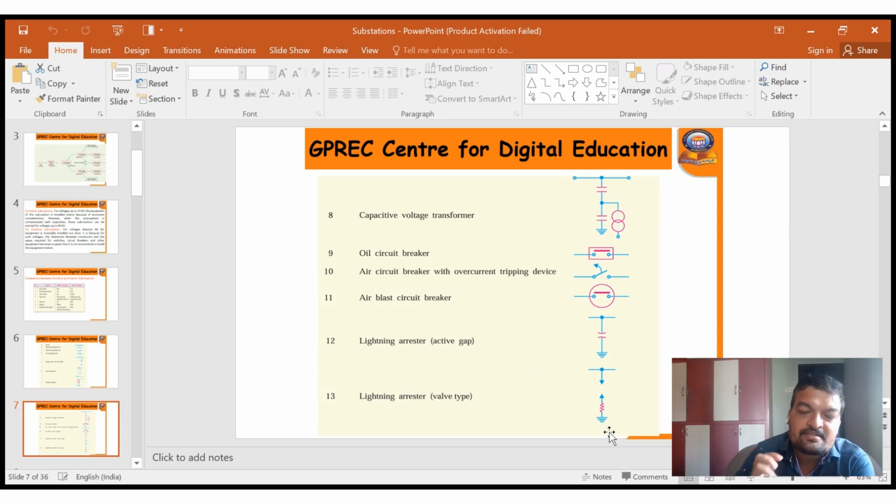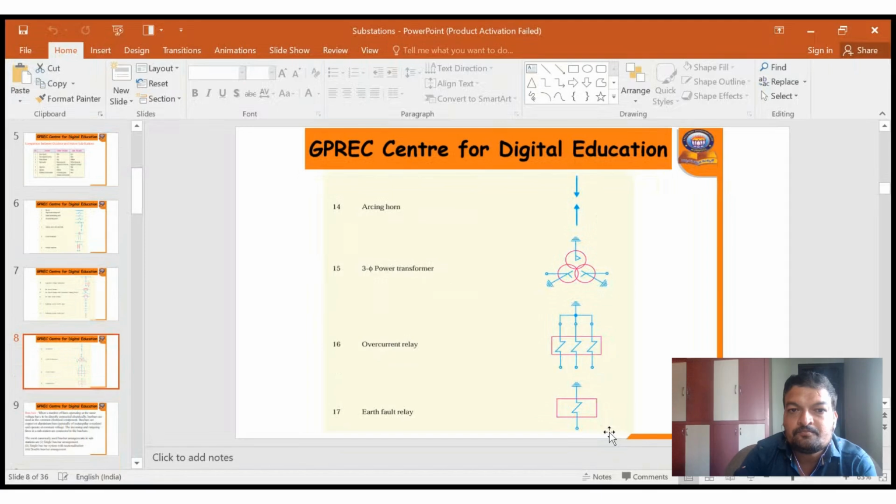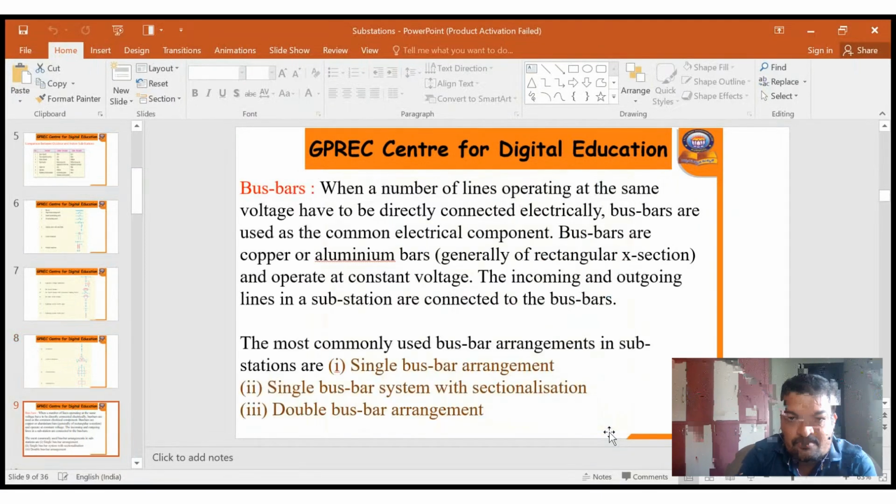These are the various components that we use in a substation, basically to step up or step down the voltage level, or control the real and reactive power flow, and also to protect the equipment from damage.